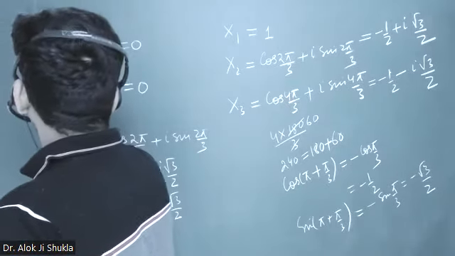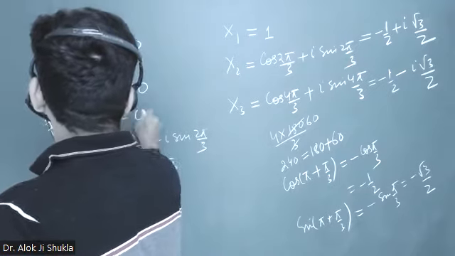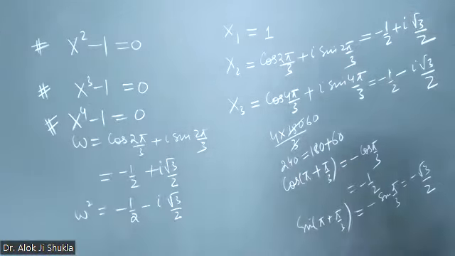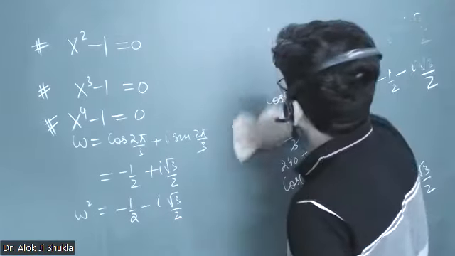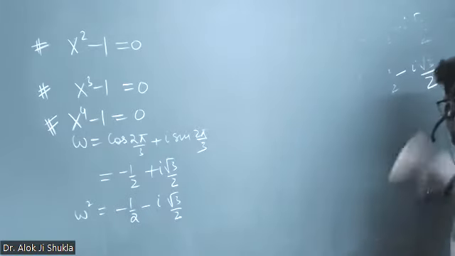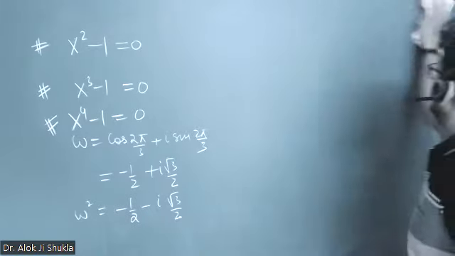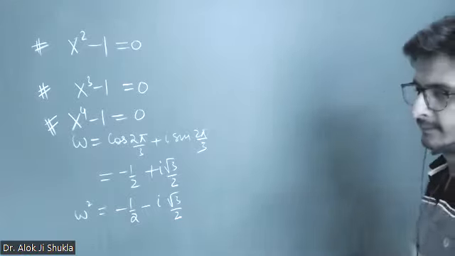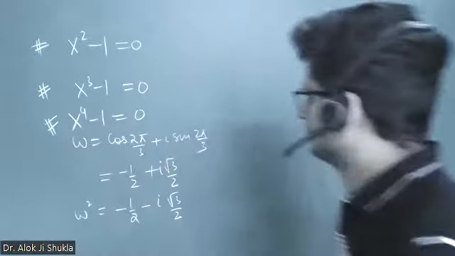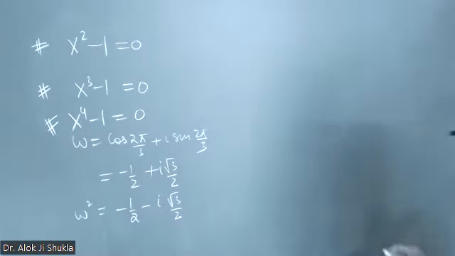Okay, so let us do, everybody try this now. X to the power 4 minus 1 is equal to 0. Let us try this. Let us see this.